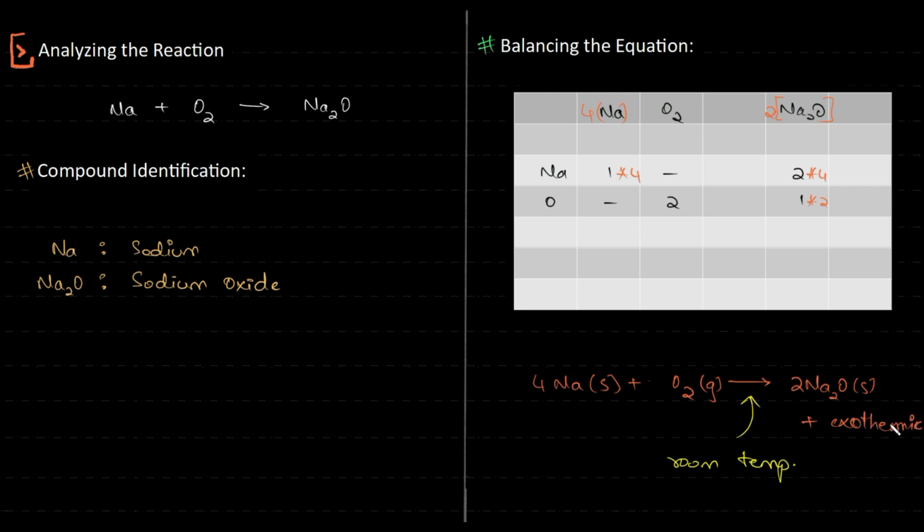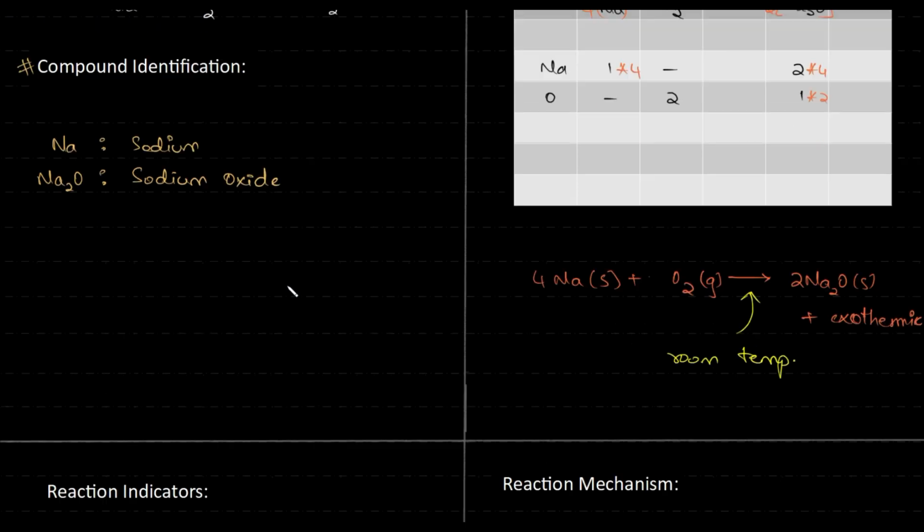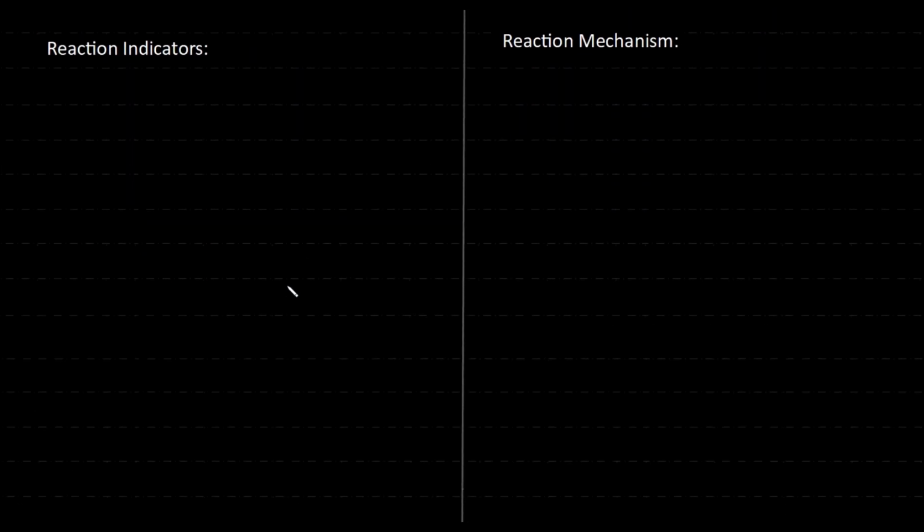So this too, we can look at the reaction. Practically, we look at it and it will make sense. So it generates heat and potentially can ignite the sodium as well. We can get to see that. Okay, when we do it with water, actually, it's a lot more clear. Now, the main indicator is heat being released.